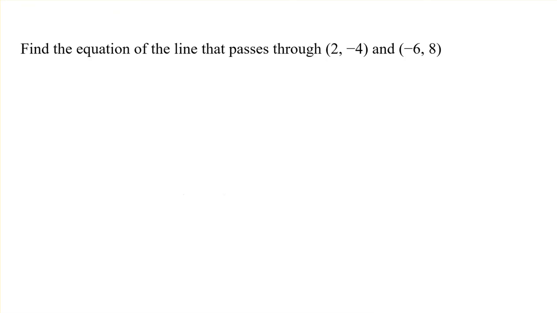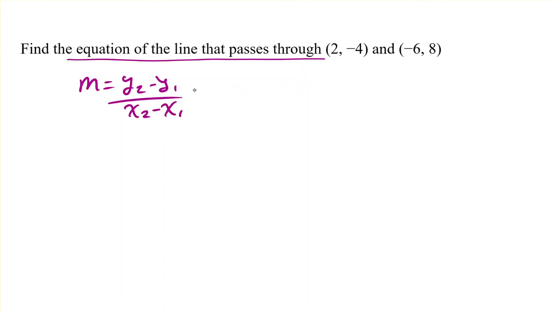Okay, one last final example. We're going to find the equation of a line that passes through this point and that point. Again, if we're given 2 points, we can find the slope, and then we can put this into the slope point form of a line. So we have to find the slope, y2 minus y1 over x2 minus x1.